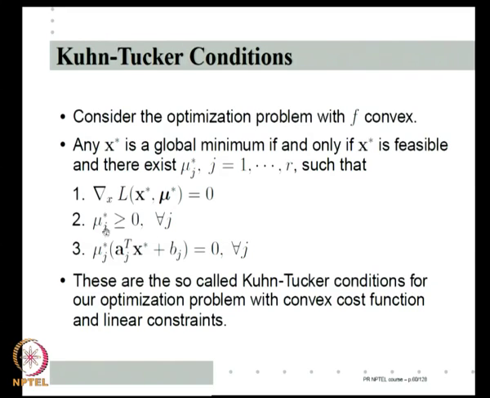So, I make guesses about which mu j's are 0. If I decide these mu j's are 0, then for the remaining indices j, I have extra equations A j transpose x star plus b j is equal to 0. So, I can solve A j transpose x plus b j equal to 0 and this gradient equal to 0 equation together to obtain all the mu j's and the x's, okay.